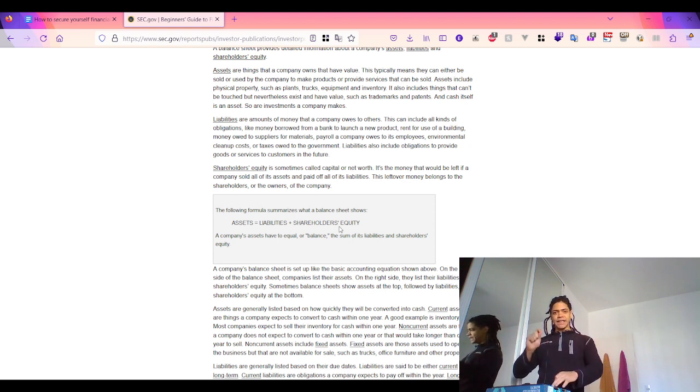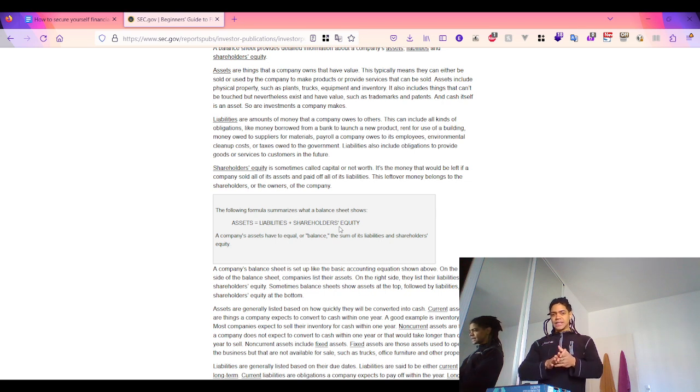Liabilities are generally listed based on their due date. So you have current liabilities, which are obligations that a company has to pay off within a year, and long-term liabilities, due in more than a year.